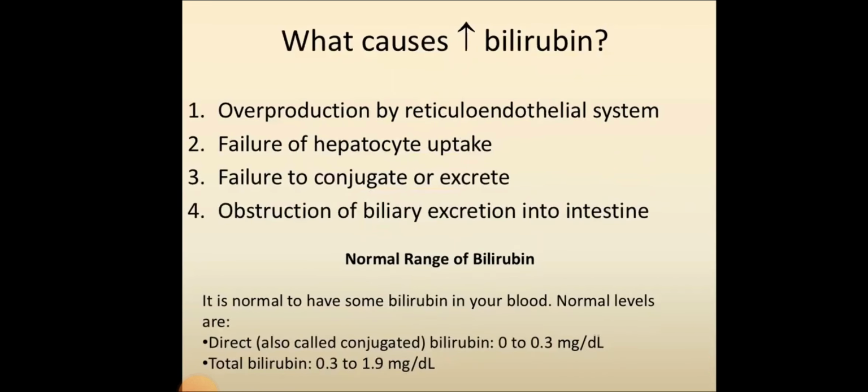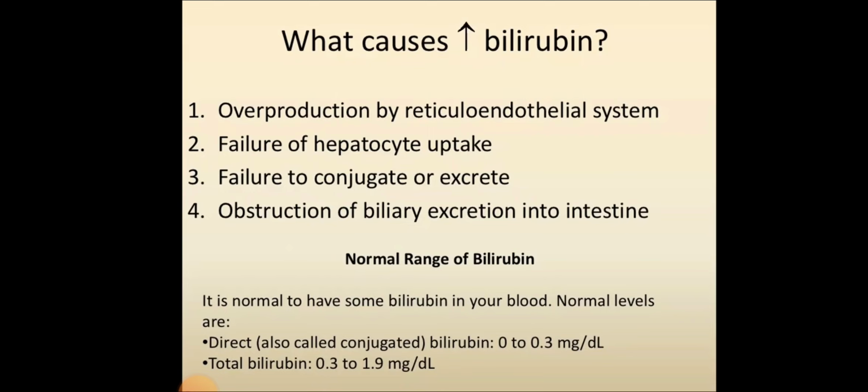So what causes increased bilirubin? That is the overproduction by the reticuloendothelial system, that is, the overproduction of heme. Next is the failure of hepatocyte uptake, anything related to the liver, failure to conjugate or excrete, and obstruction of biliary excretion into the intestine. Okay.